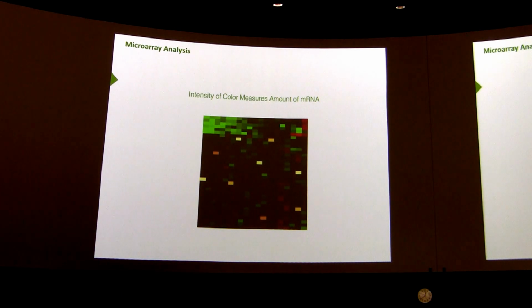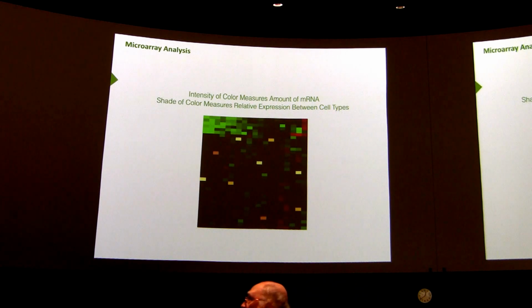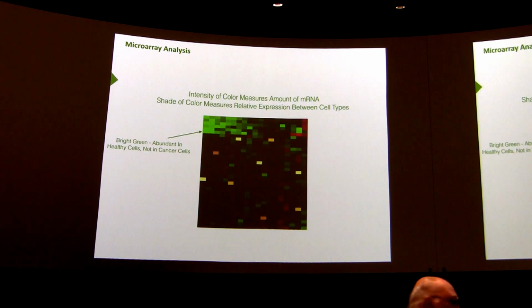Well, when I do this analysis, I see something that looks like this. I see greens, I see reds, I see yellows, and I see blacks. And I see others that have different shades in there. All right. The shade of the color is, again, a function of which thing is present. So, for example, bright green will be abundant in healthy cells but not in cancer cells.